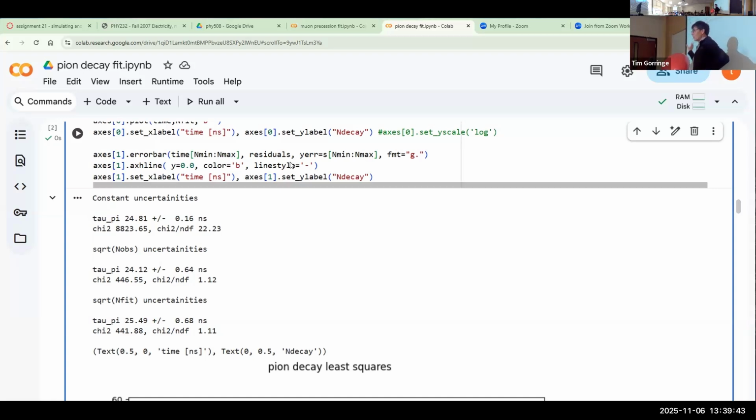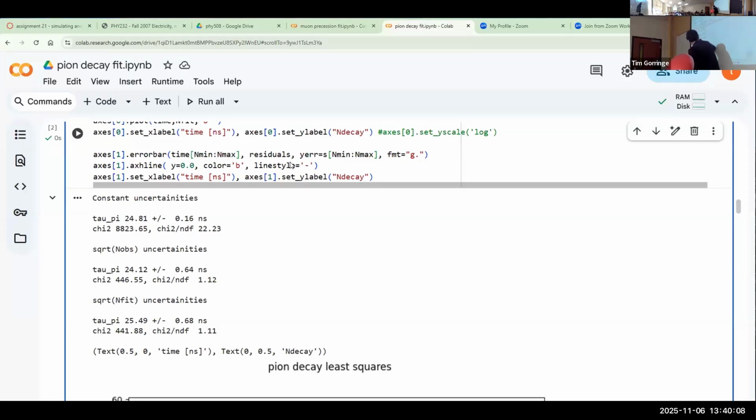We imagine it will still have bias because with 0 counts in a bin, it's overweighting that point. It's going to pull the curve down and shorten the lifetime. And again, we see that with 24 nanoseconds, which is several sigma away from the true lifetime.